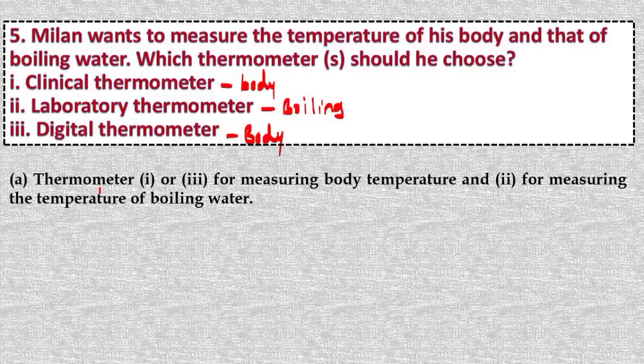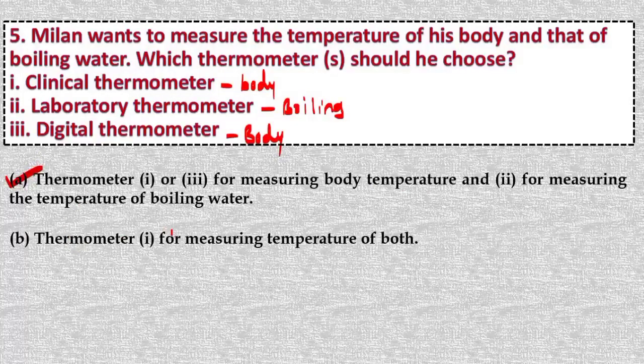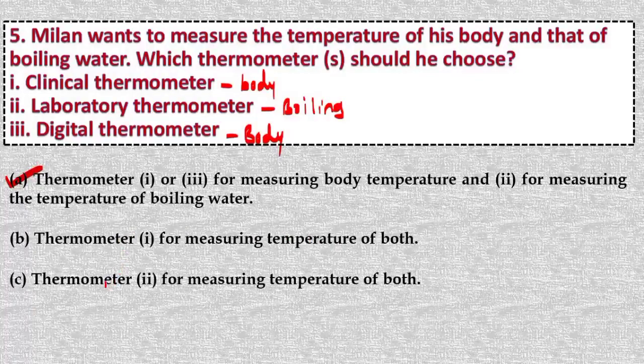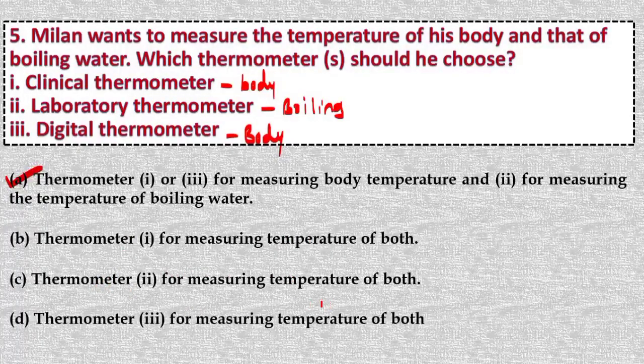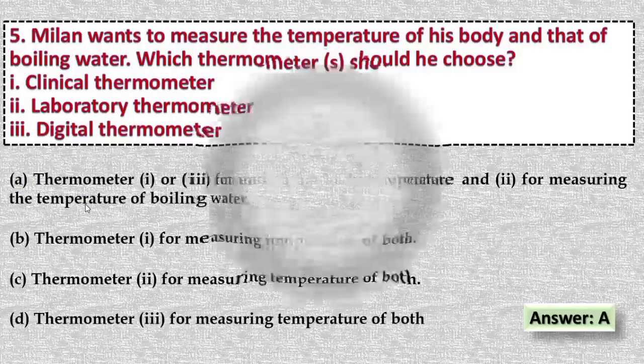Therefore, types 1 and 3 can be used for measuring the body temperature and the laboratory thermometer can be used to measure the boiling water temperature. Therefore, the correct answer is option A from these four options.